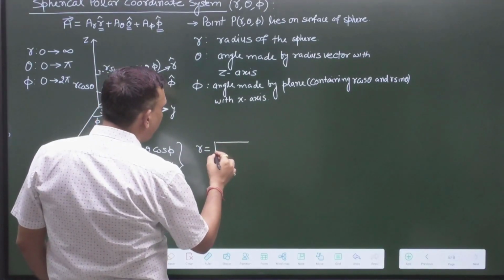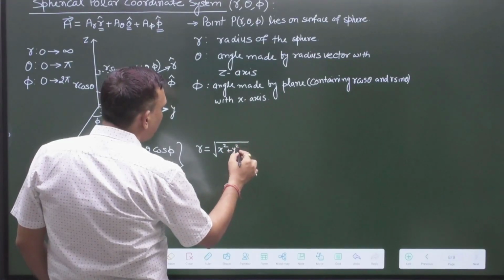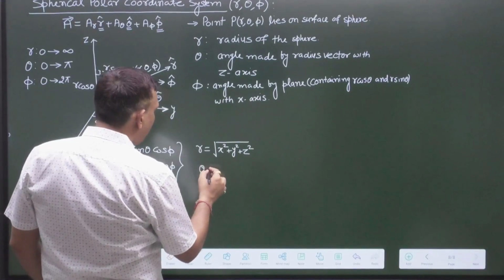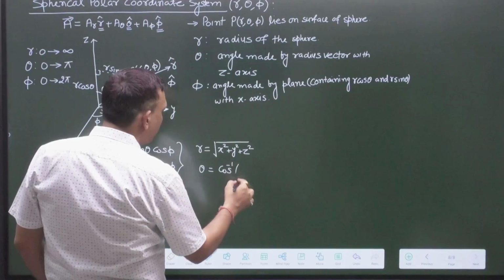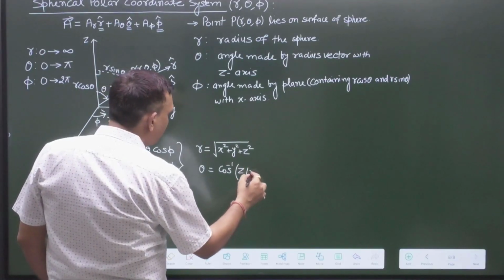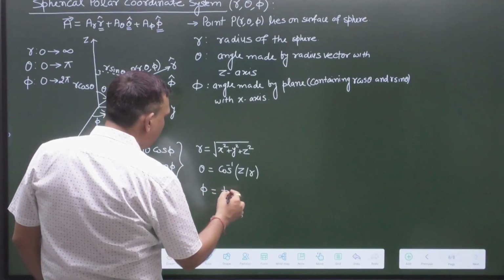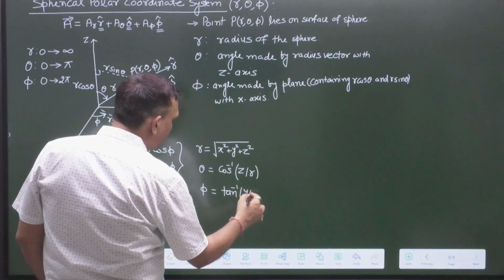r will be given by under root x square plus y square plus z square. Theta is cos inverse z by r. And phi is tan inverse y by x.